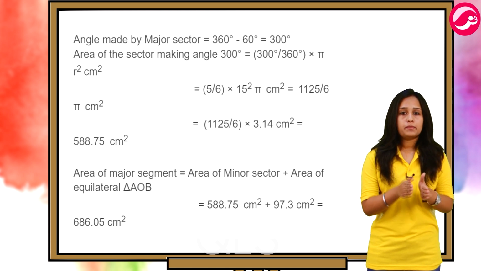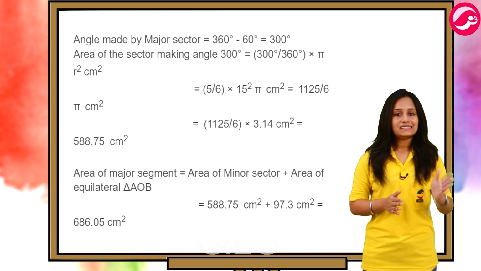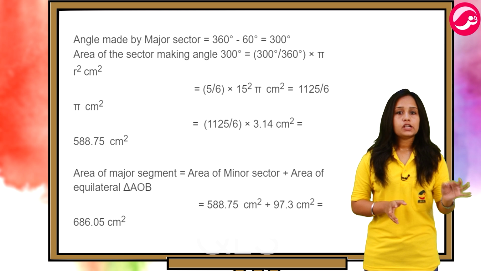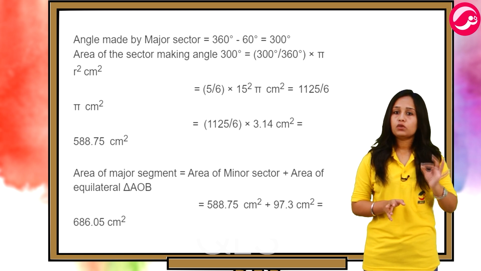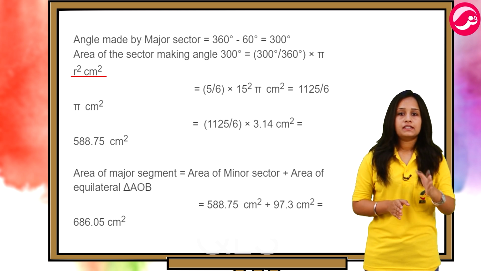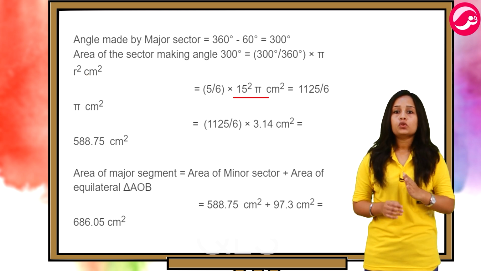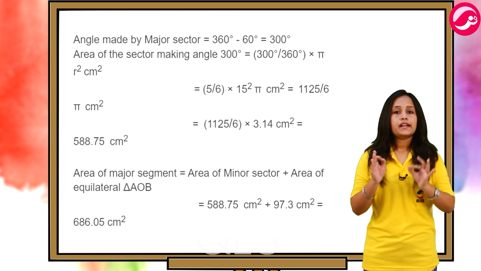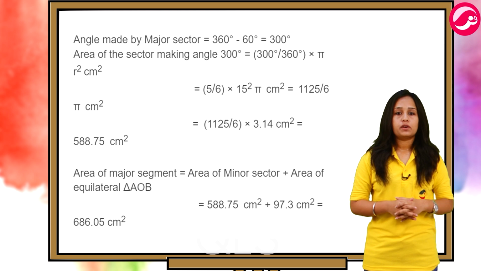Now the angle made by the major sector is equal to 360 minus 60, that is equal to 300 degrees. Now the area of the sector making angle 300 degrees will be equal to 300 by 360 into pi r square, that is 5 by 6 into pi into 15 square, which is equal to 588.75 centimeter square.